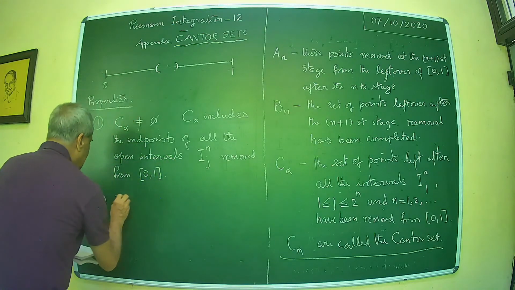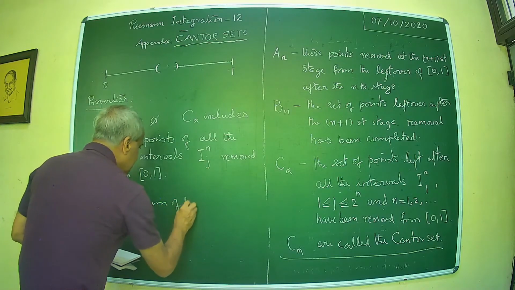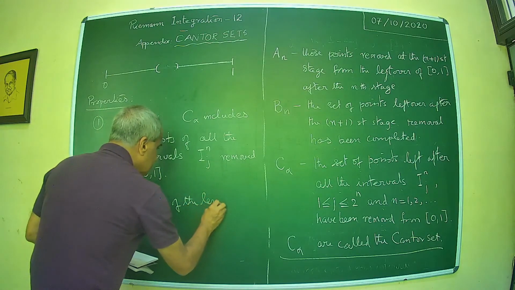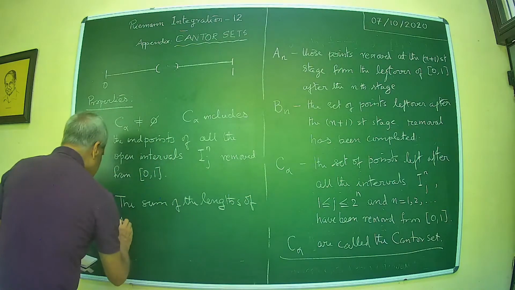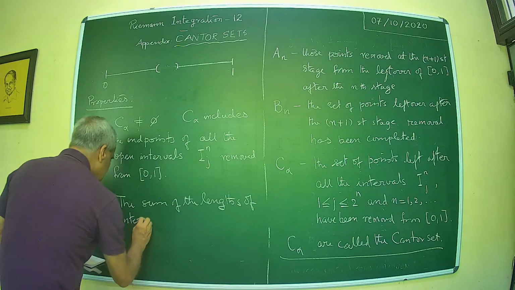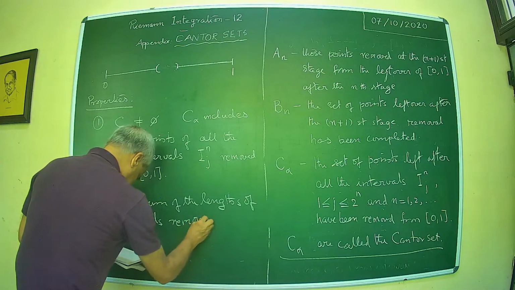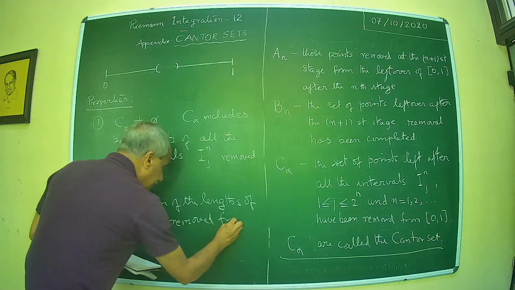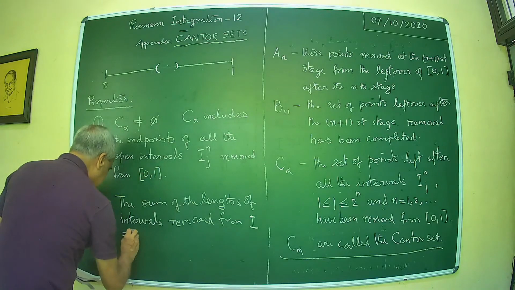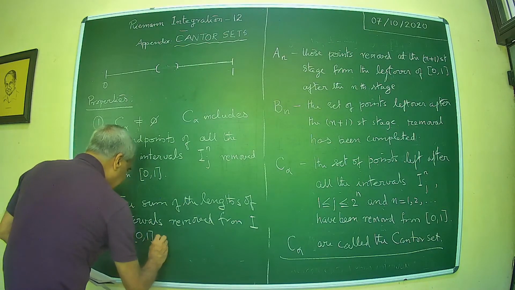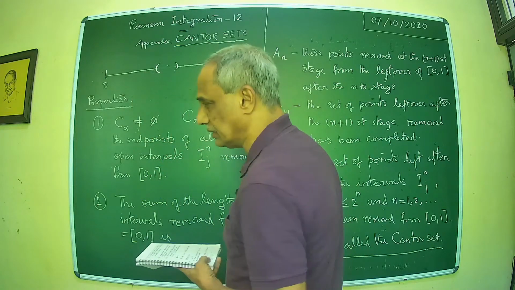So the sum of the lengths of intervals removed from I, that is equal to [0, 1], is the sum of all these intervals where they are disjoint intervals.